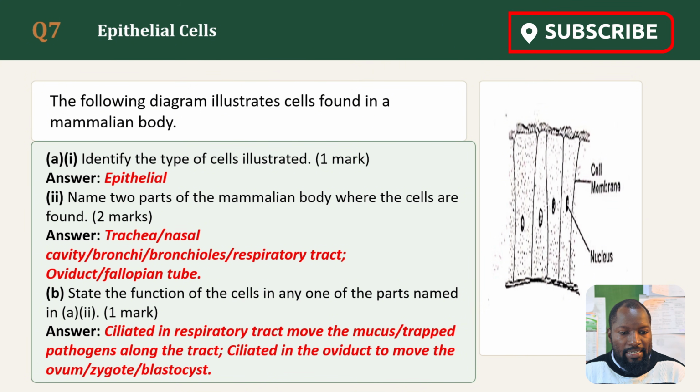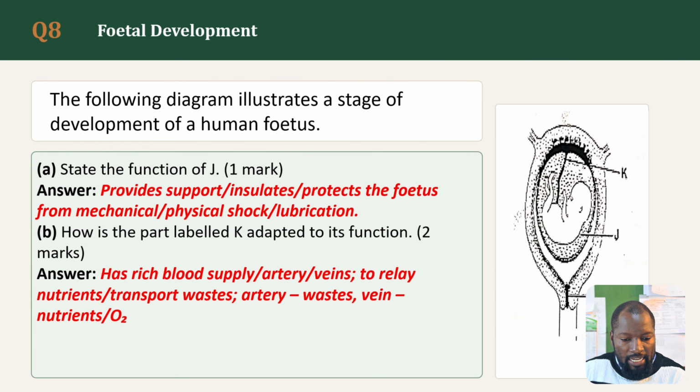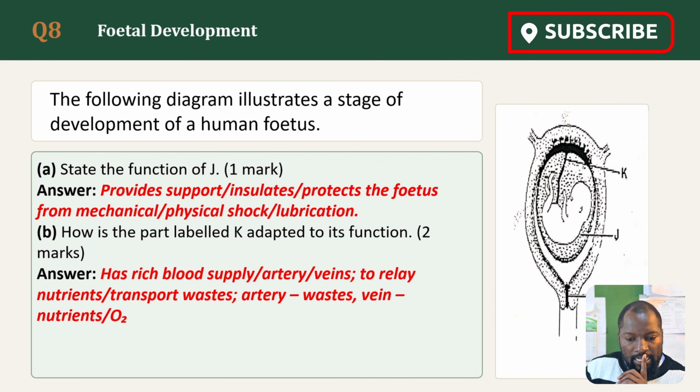So question number 8. The following diagram illustrates a stage of development of a human fetus. When you look at that, we have this part labeled K, we have another one J, then we have the cervix. We are being asked to state the function of J. I think J is pointing at the fluid inside here, around the human fetus, and that fluid should be the amniotic fluid.